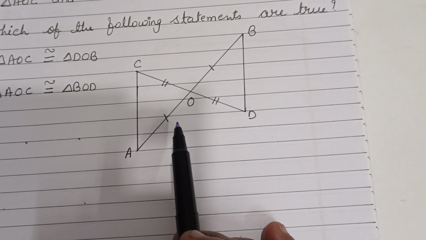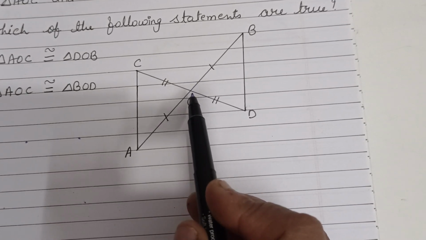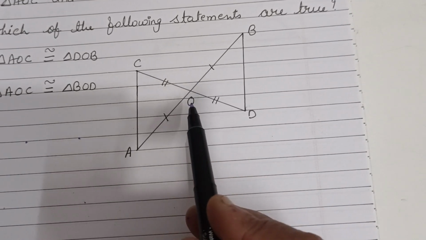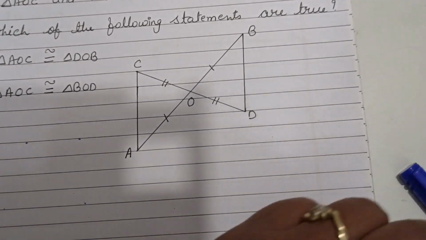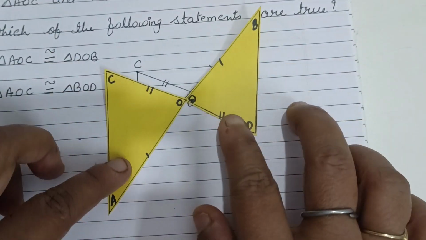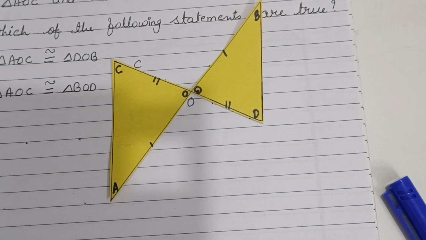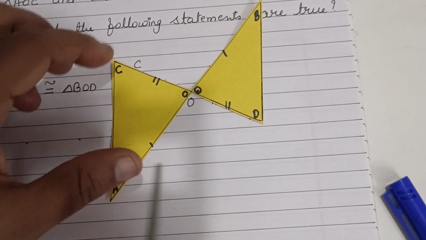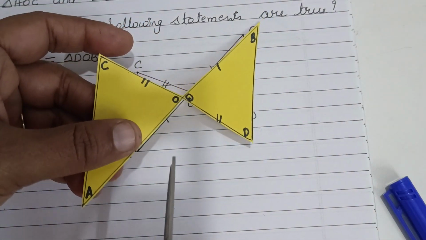Okay. Now for the solution, I need to divide this figure into two triangles. So I have to make the cutting from O. You all can see this is the cutout that I have made for this particular figure. O is the common point where we are able to get the two triangles.